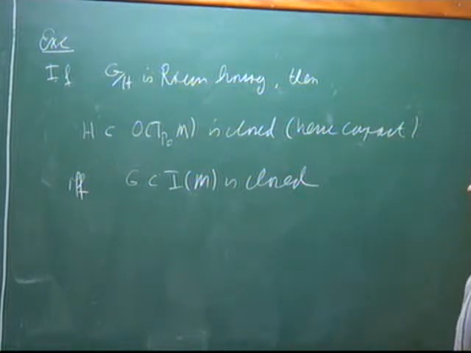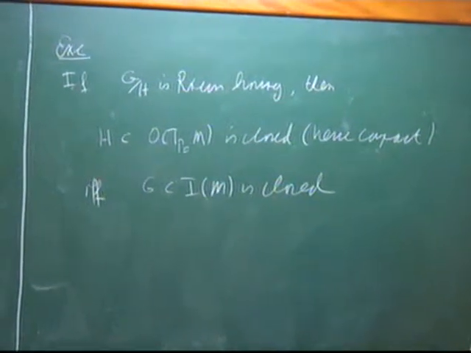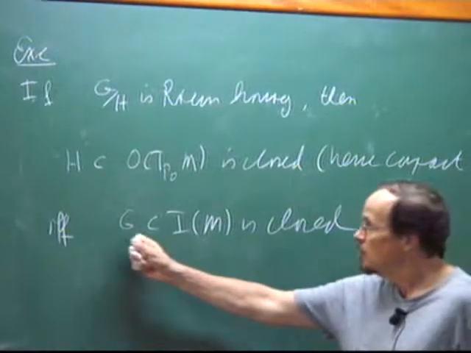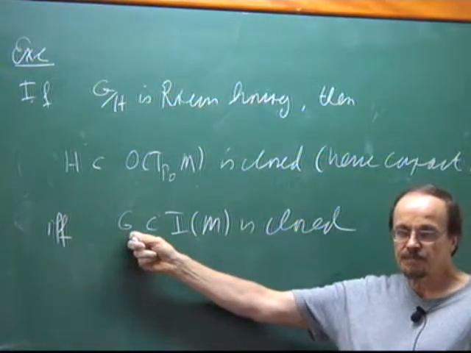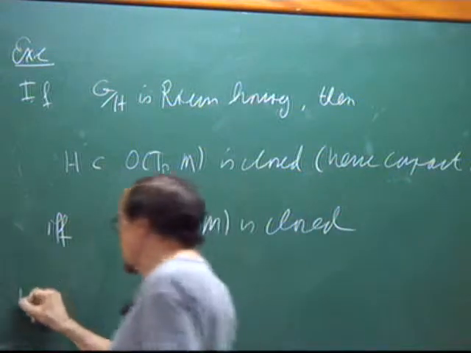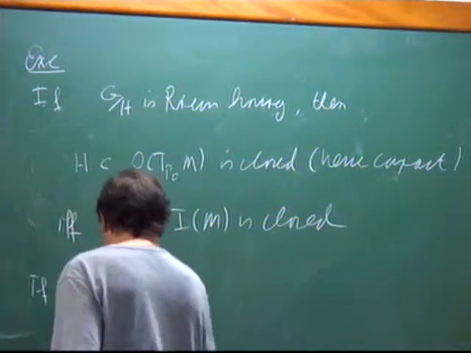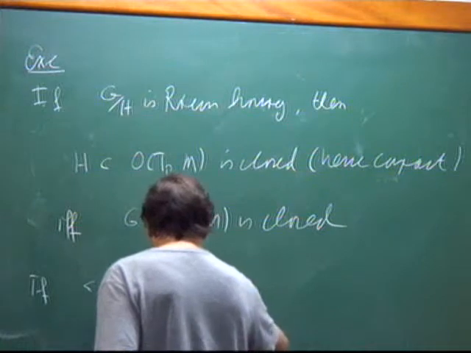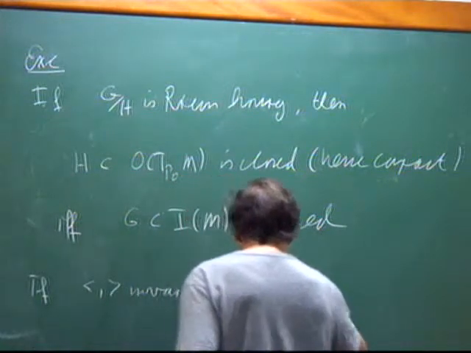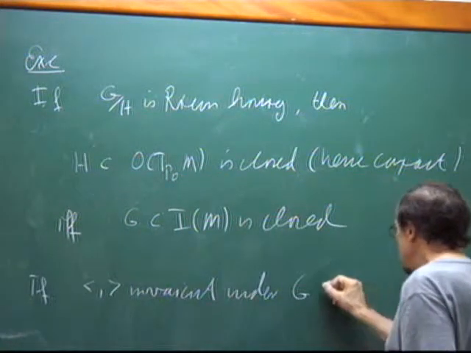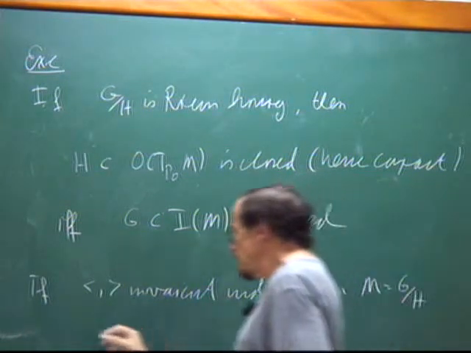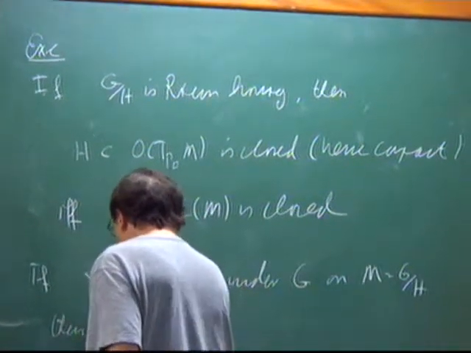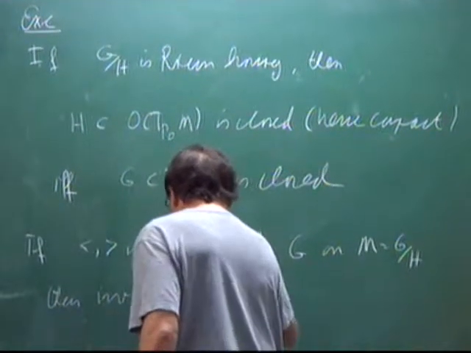But this means that you might as well assume it's closed. Because I could always take the group G inside the isometry group. Is that closed? I could take the compact closure. Right, so if a metric is invariant under G on M equal to G mod H, then it's also invariant under G bar.